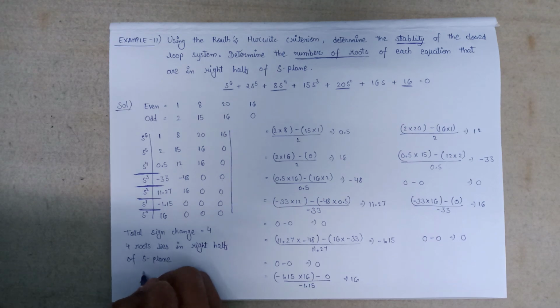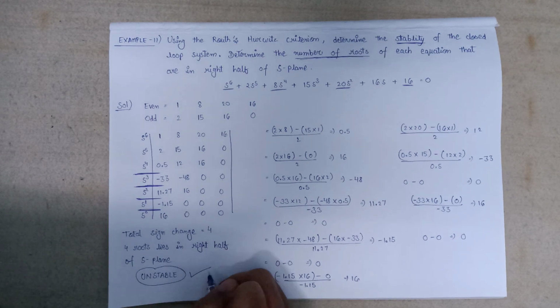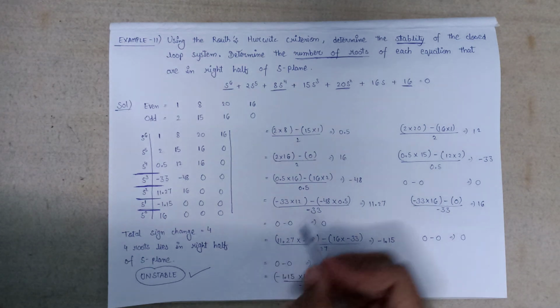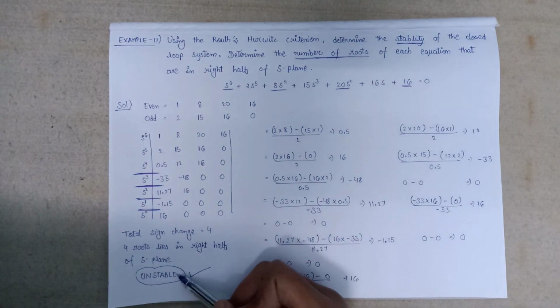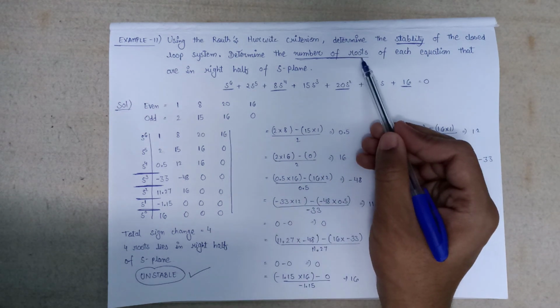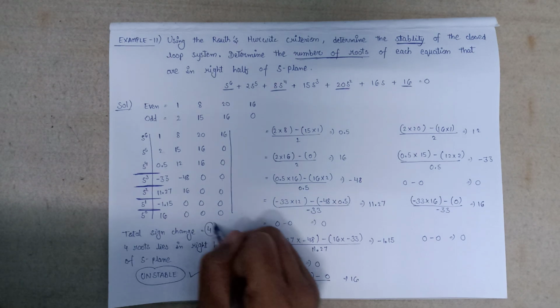Since 4 roots lie in the right half of the S-plane, our system is unstable. So we have answered both questions: our system is unstable and the number of roots that lie in the right half of the S-plane is 4.